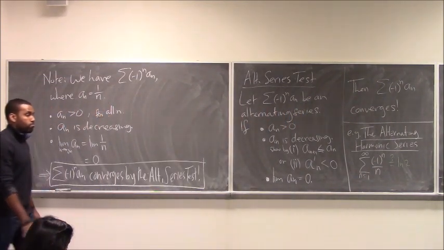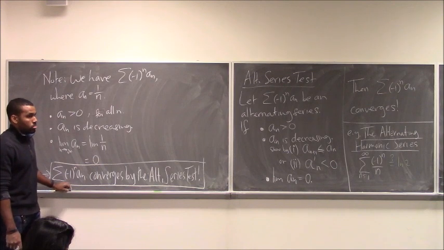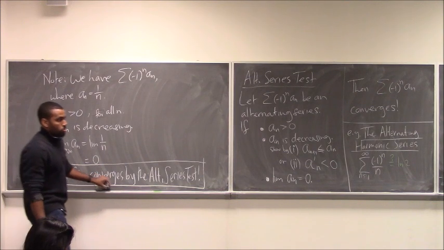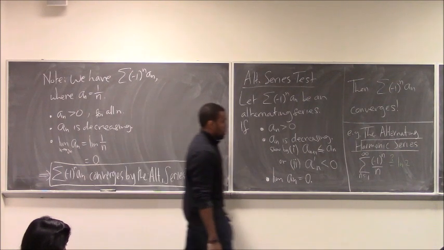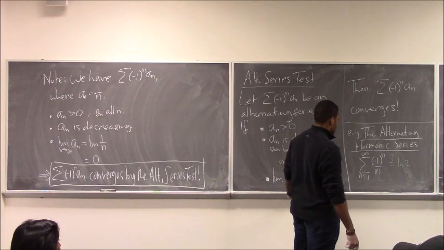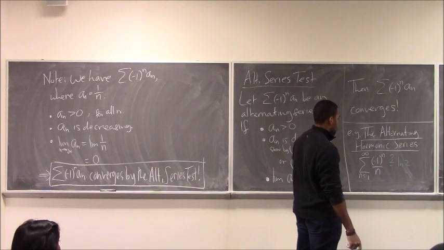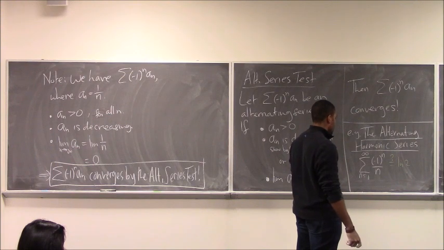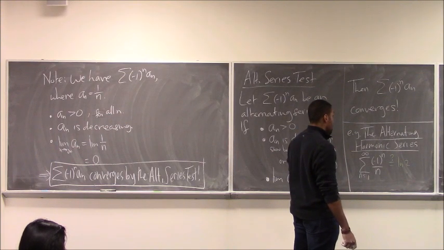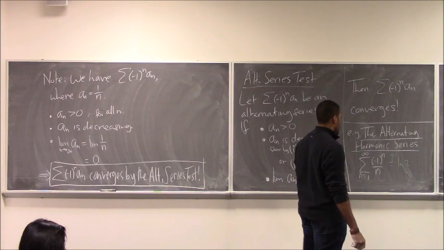Yeah? If it was going to start with a positive one, then would you have to do that plus one? Come again? If you're going to start with positive one, you have to start with n plus one, as an example. Yes, if you wanted to change the signs, do I want it to start with a 1? I think I do want it to start with a 1.